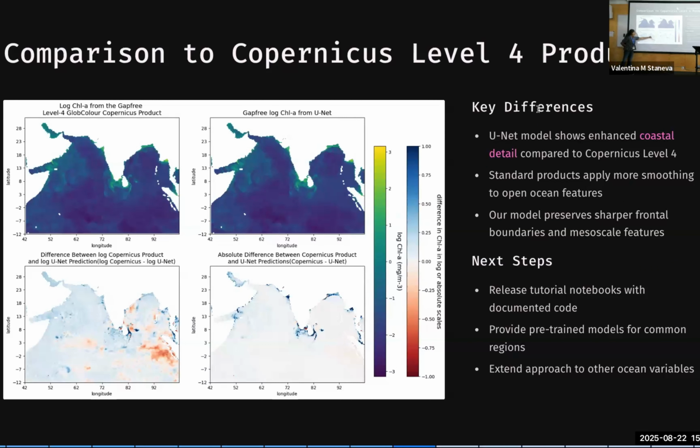That one's the total difference, and this one's the percent difference, because it's on the log scale. You might have a big percent difference, but if they're really small values, it's actually only a tiny value. But you can see here the UNet model doesn't do so great along the coastlines.